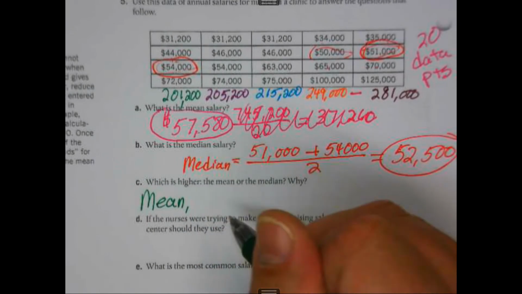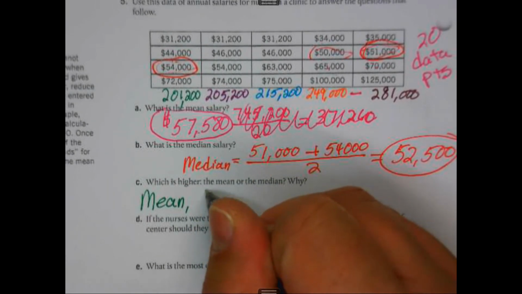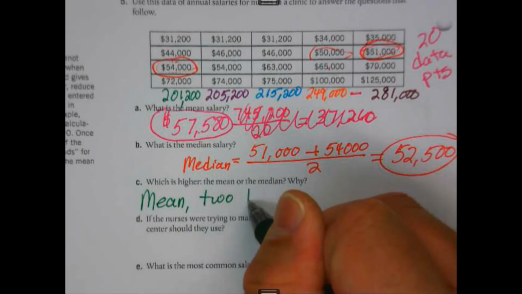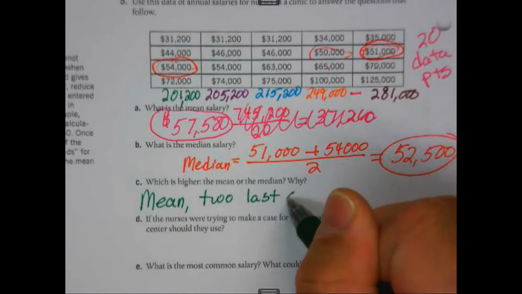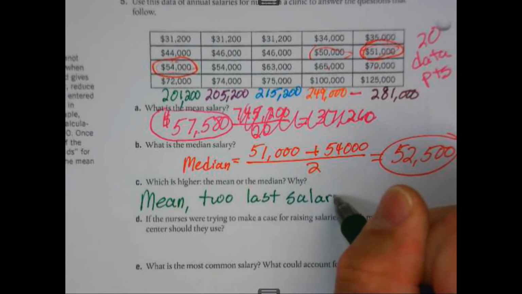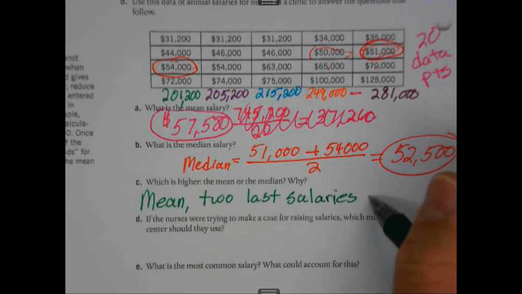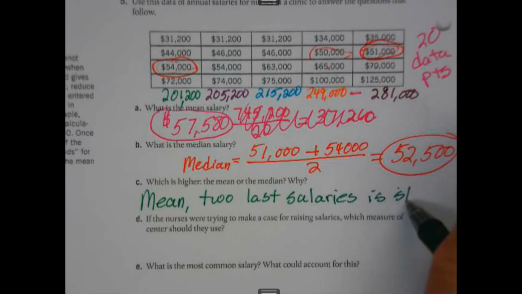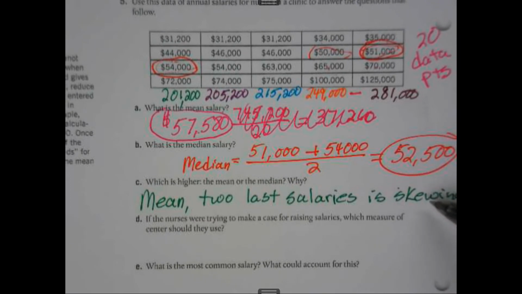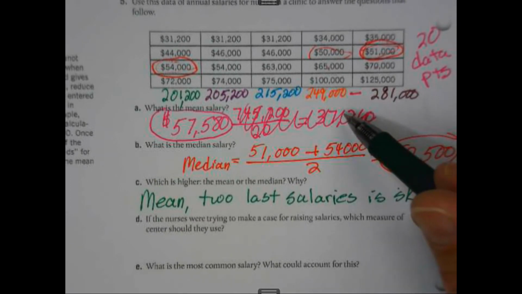So the two last salaries are skewing the data. Remember, outliers don't affect the median, but they do affect the mean.